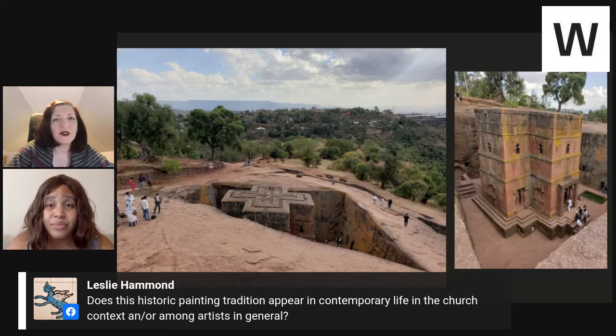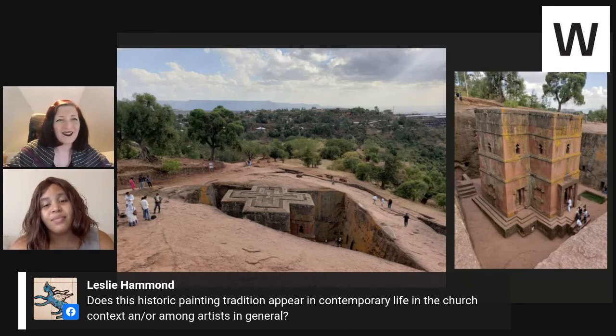So the traditions are very much alive. And there's also a lot of contemporary Ethiopian artists who have used traditional Ethiopian art as a springboard. So sort of picking and choosing and using images of the Virgin or using the Ge'ez language to really inform their work. And so there's kind of two strains going on there.